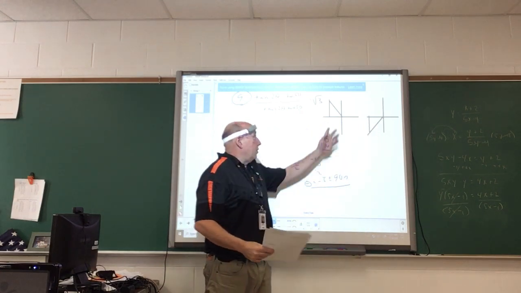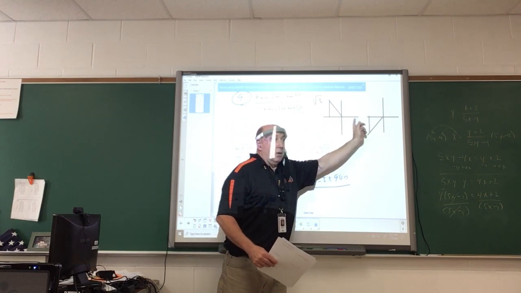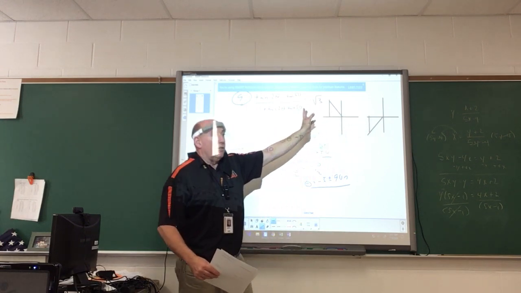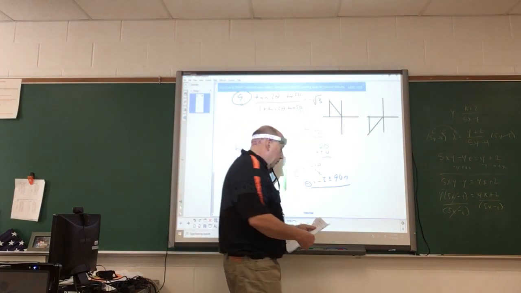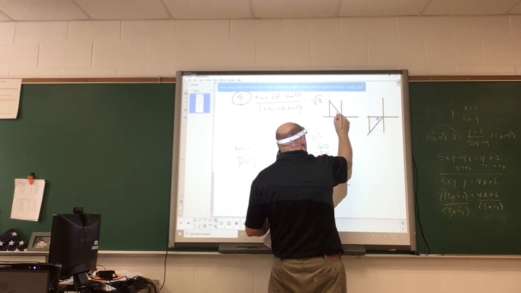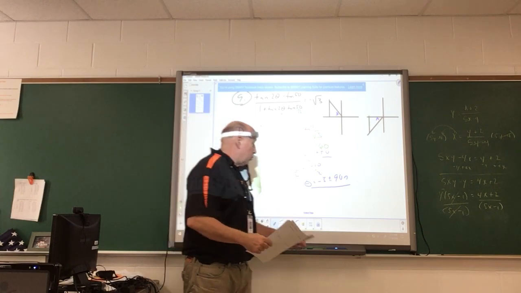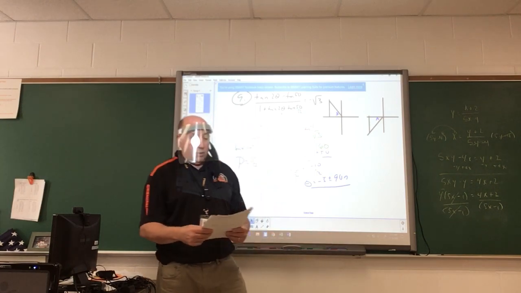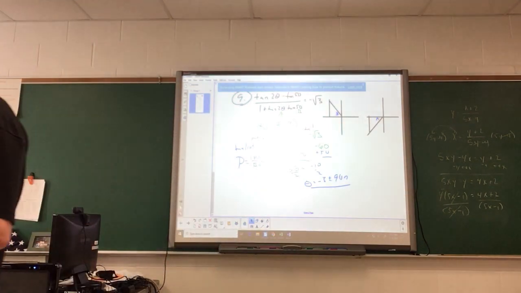Because if you do them on the same one, you're going to have a common leg here, and you might get confused what your value is. Where A is in 3, B is in 2, so you don't get confused by which triangle is which, or which value is which. Other than that, everything else is pretty much the same.